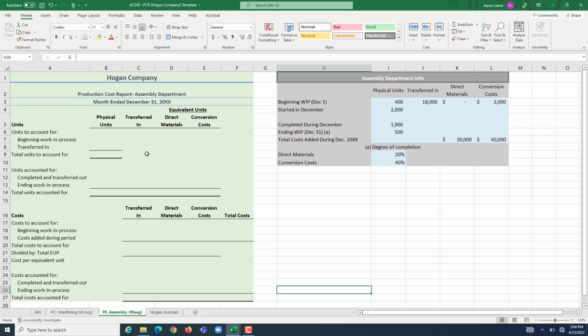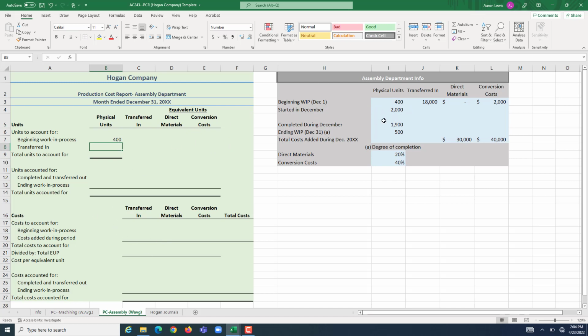We're going to start, like we did before, figuring out our physical units. Our information tells us that the assembly department had beginning WIP of 400 units when the period began, so I'm going to bring that number over here. How many units were started in December? How many units were transferred in?